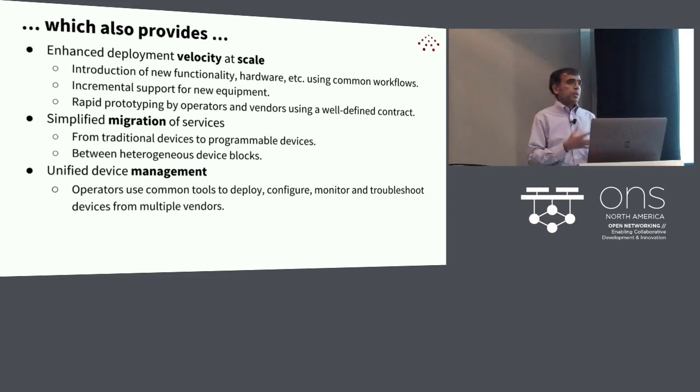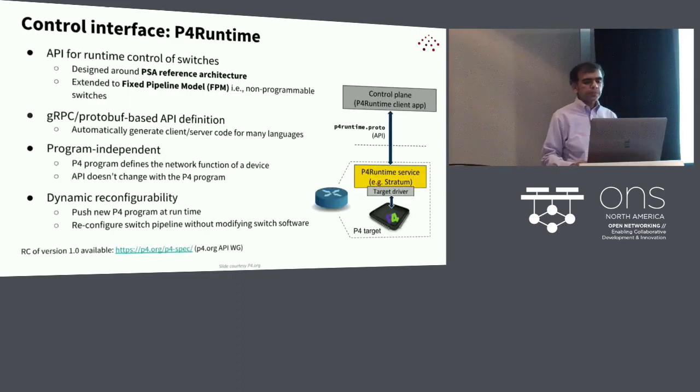And this will eventually help us migrate all of the services that we run on top of the current devices to newer devices and across multiple vendors. And as I mentioned, have a uniform management tool that talks the same set of interfaces to different devices.